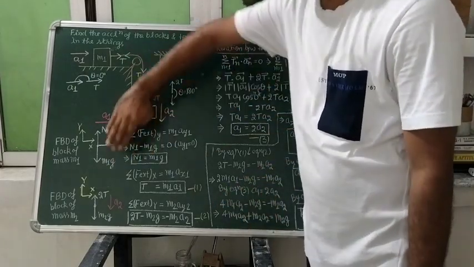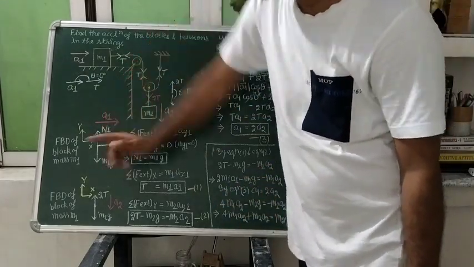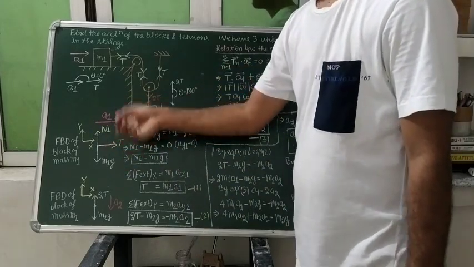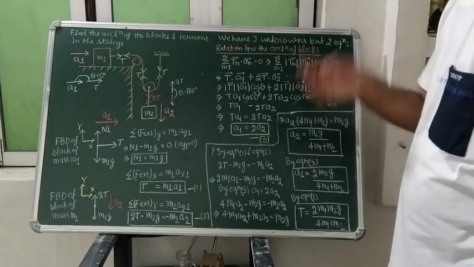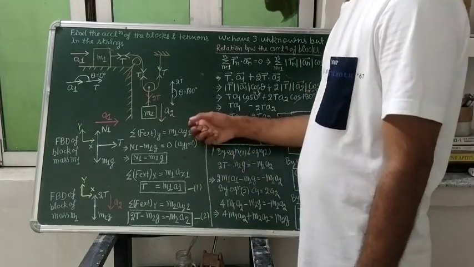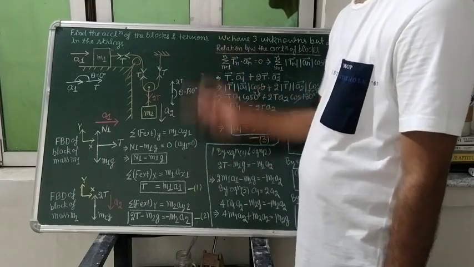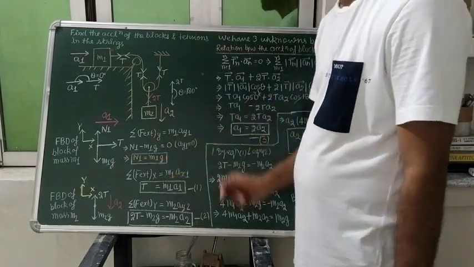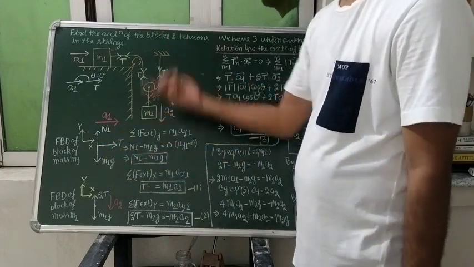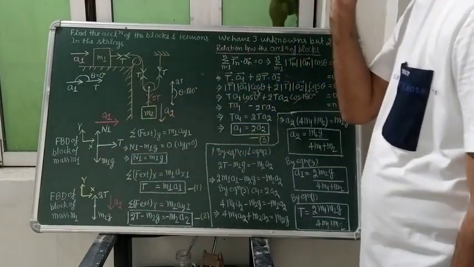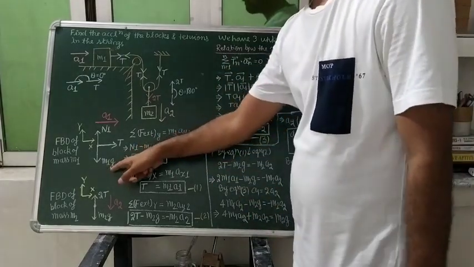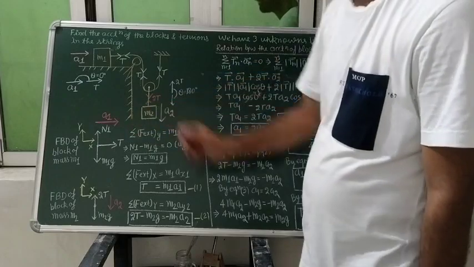The external forces in y direction are N1 and M1g only, and of course, student, as no acceleration is present in y direction, the external forces are N1 and M1g. Y upward side we have assumed our positive side, so N1 will be positive and M1g will be negative. These are the external forces.